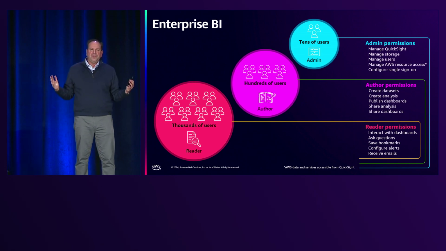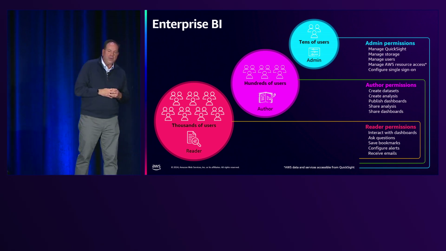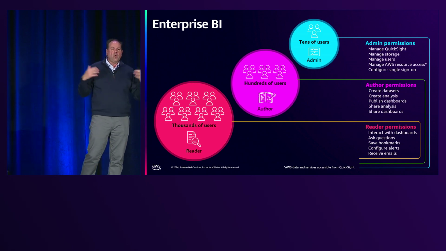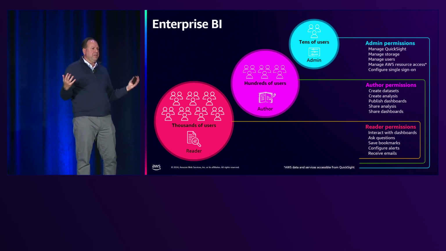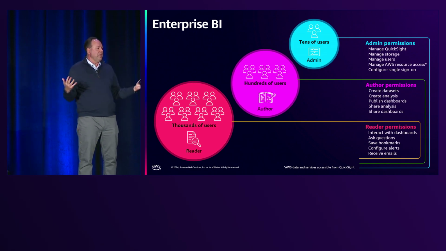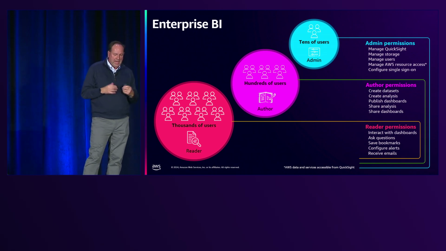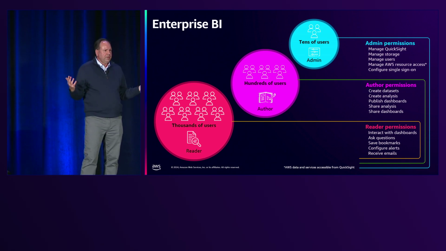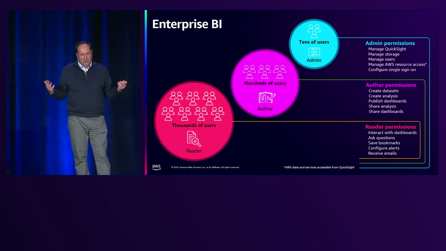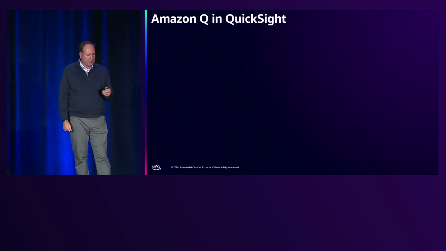And then the largest set of users, of course, are those readers. Those readers interact with dashboards, they ask questions of data. That's actually one of the things that we have now: every reader is now equipped with those natural language question answering capabilities that we have with Amazon Q. And they do things like configure alerts. So if something goes over a particular threshold, they want to know about it. And they do things like receive emails as well.